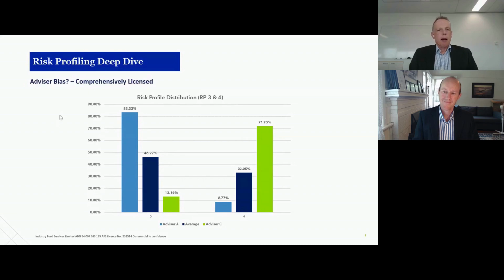So we suspect that these advisors are explaining these concepts, maybe in only slightly different ways, but they're definitely influencing the client and their results.